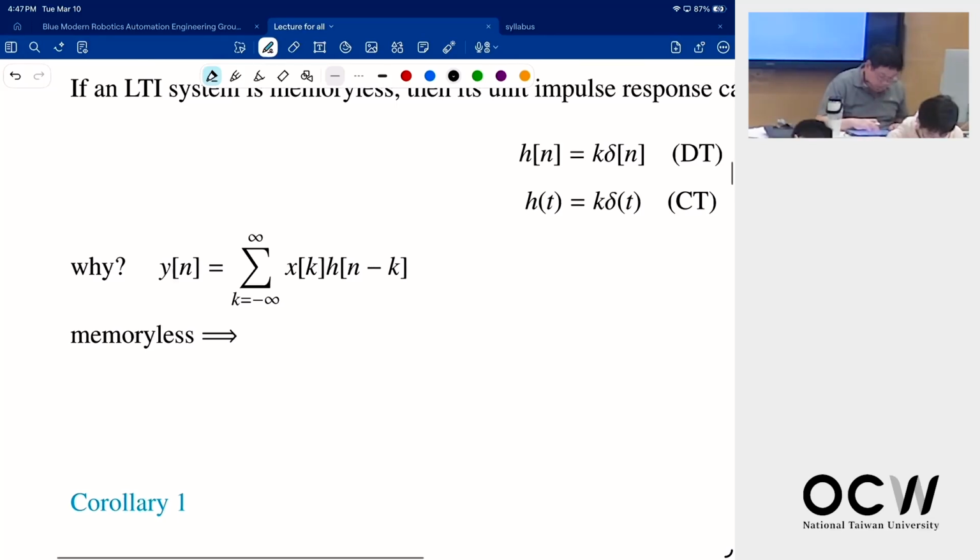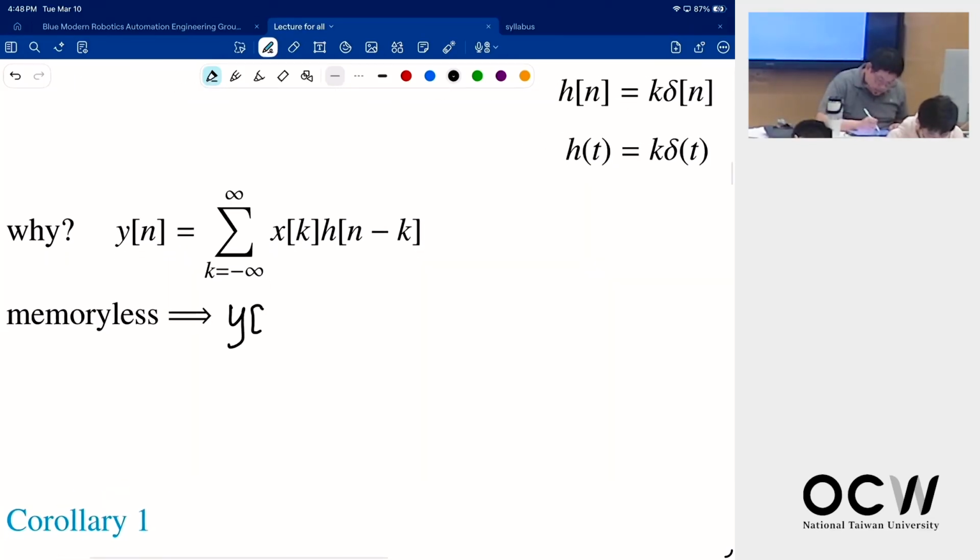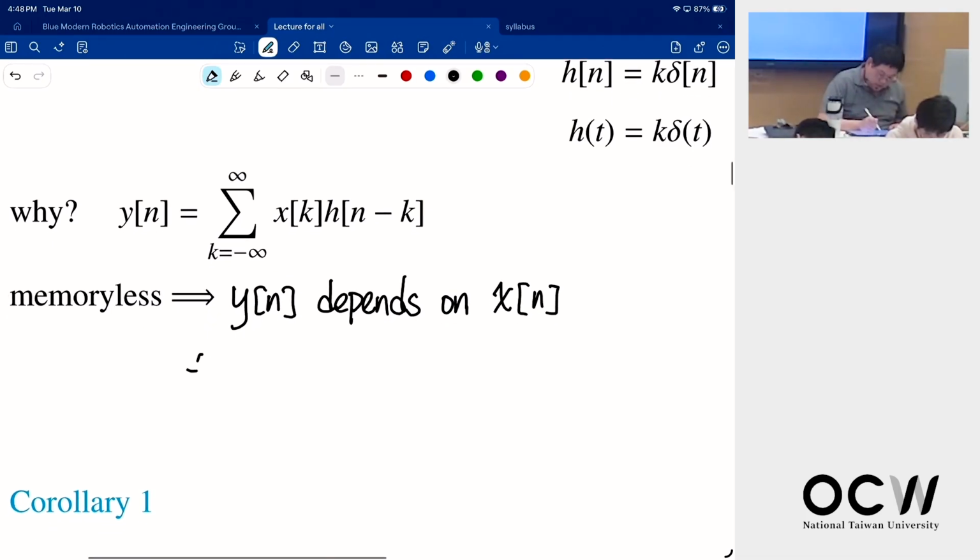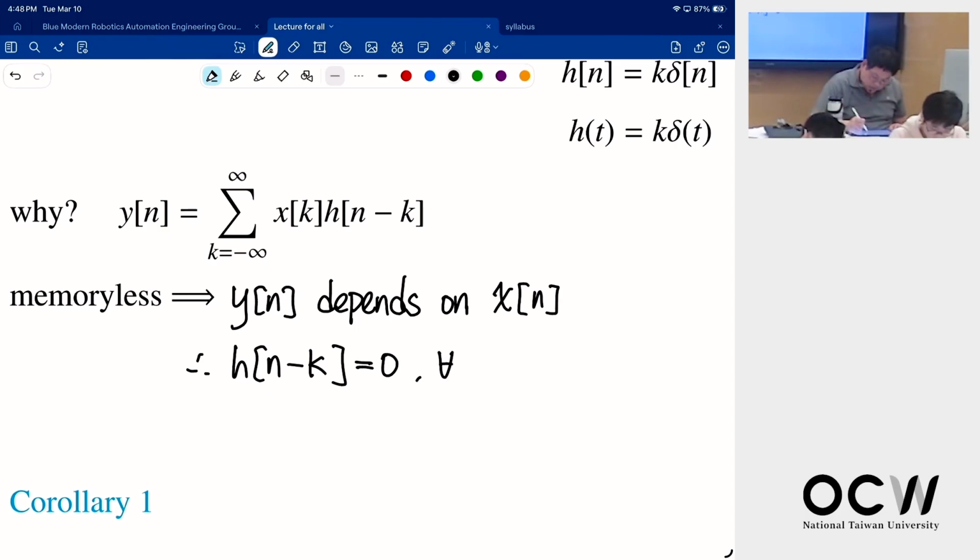So the y depends on x n. So in this case, h n minus k is 0 for all the k not equal to n. So h n is 0 for all n not 0.